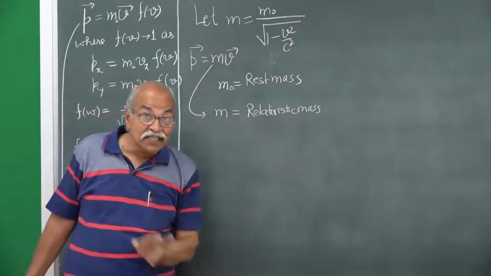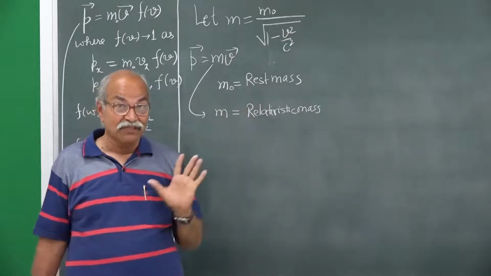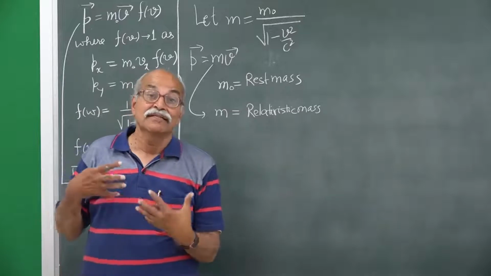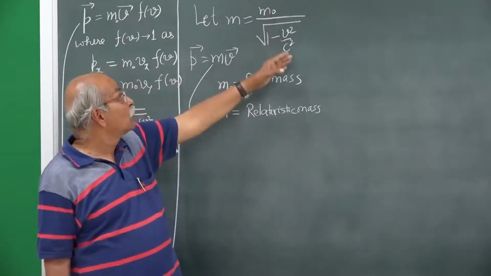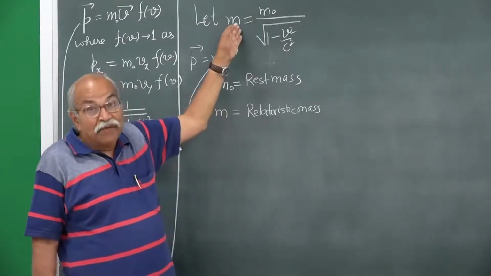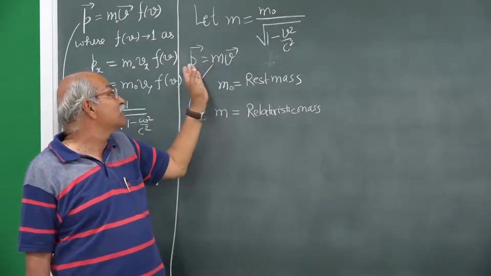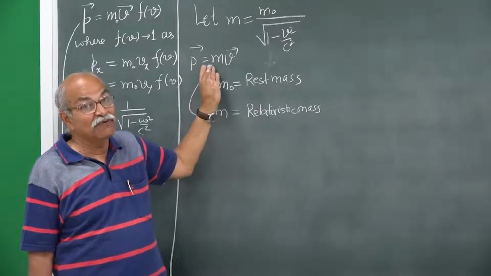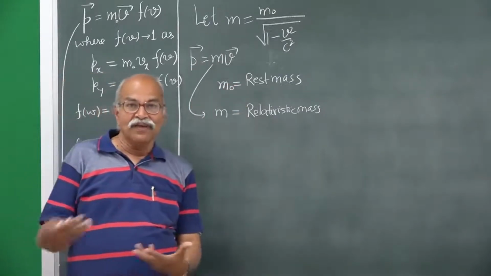The characteristic property of the particle is the rest mass m naught, and the relativistic mass is a mathematical construct. We have constructed a quantity and called it m. Perhaps the sole inspiration is to keep the form of the definition P equal to mv intact, but it does not go a long way.